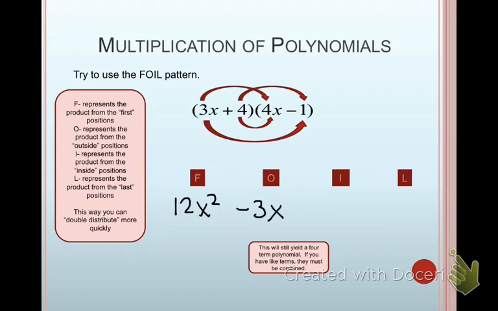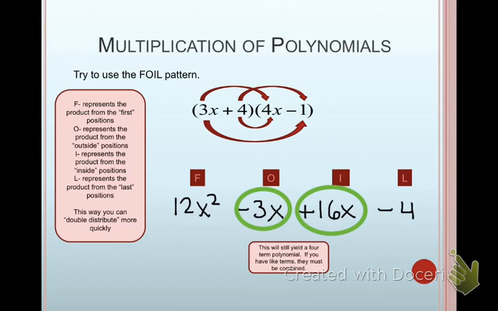The inner would be 4 times 4x, which would be plus 16x. And our last would be 4 times negative 1, which would give us negative 4. But again, we need to make sure that we combine our like terms here. Negative 3x plus 16x would combine to give us a 13x, and our final result would be 12x squared plus 13x minus 4.